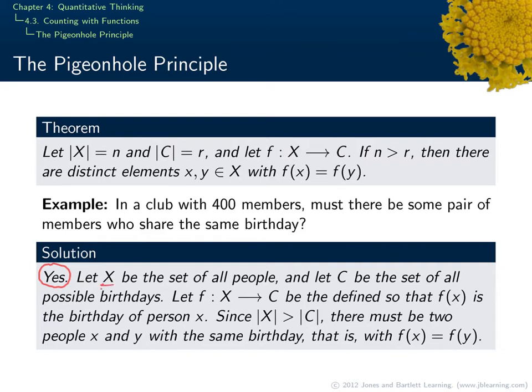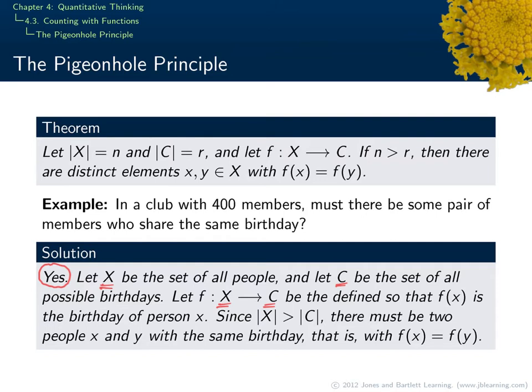Well, we let x be the set of all people, so there are 400 of them, and we'll let c be the set of all possible birthdays, so there are usually 365 of them. And we'll define a function f from the set of people to the set of birthdays, where f of x is the birthday of person x.